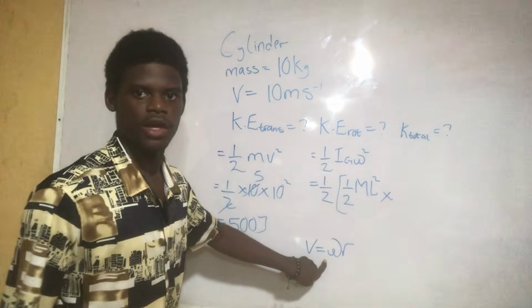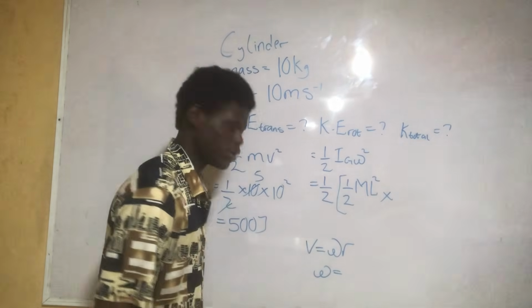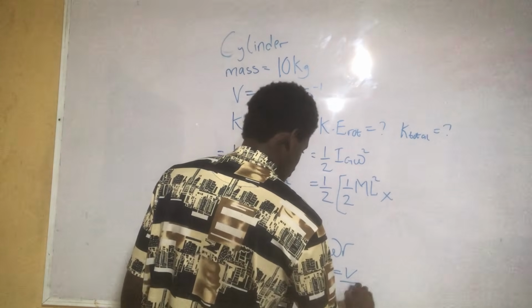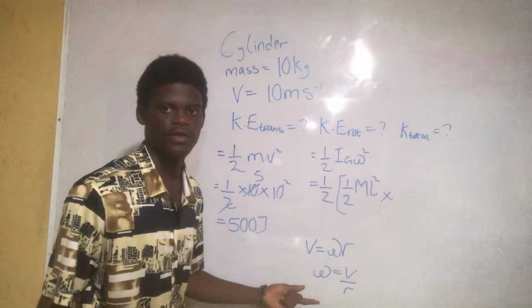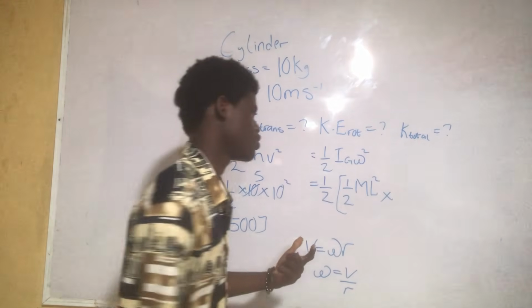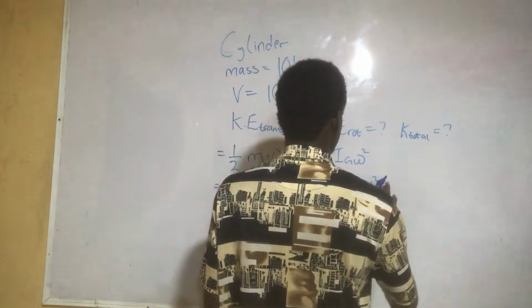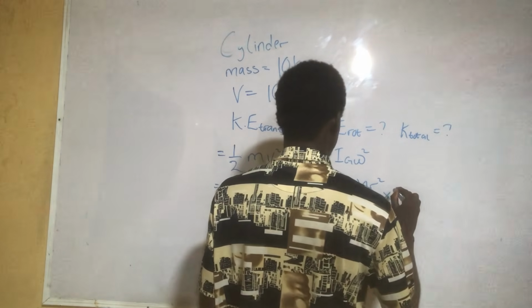Now from this formula, if you make the angular velocity the subject of the formula, it will be v over r, right? So if the angular velocity is v over r, then w squared will be v squared over r squared. Sorry, this is a circle, so it's not l squared, it's r squared. My bad.